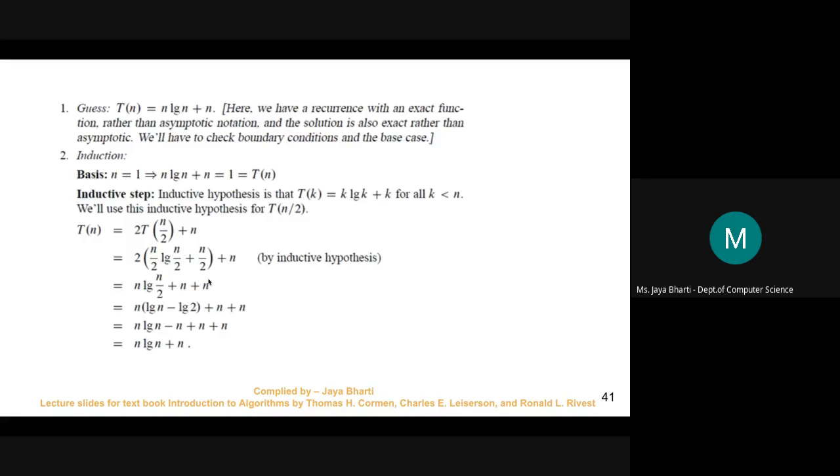Now when it goes inside, it will be n log n minus n log 2, because the base of log 2 here is 2 only, so log 2 to base 2 will be 1 only. So here we will have only n. Okay, and then plus n. So this n and this n will be cancelled out. So we will get the end solution like n log n plus n, which is the exact solution that we have assumed.